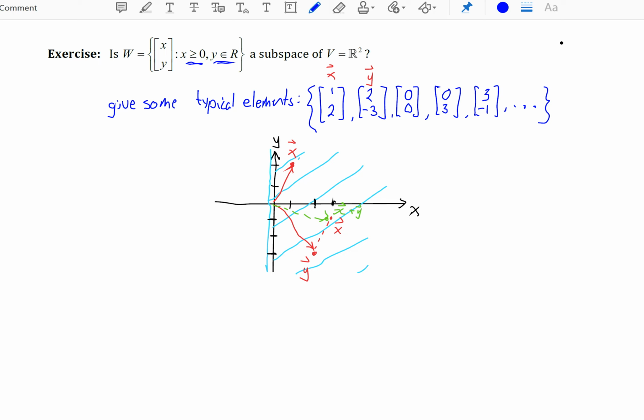It might be kind of feeling like the vector sum is satisfied. If you add two vectors in this right half plane, will it always stay in the right half plane? So maybe I could write it this way.